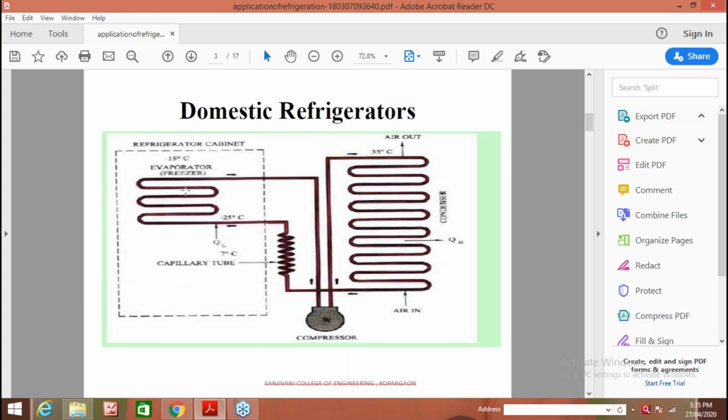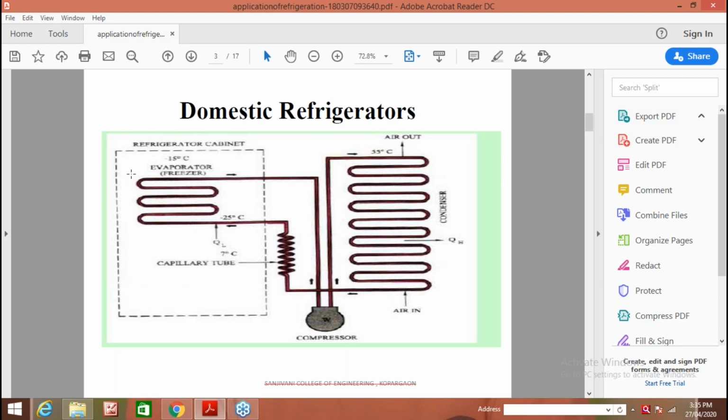Clear? So the lowest temperature is maintained at the freezer, the uppermost compartment where the evaporator is placed. Generally the freezer is used for making ice, kulfis, or ice creams. And for other purposes, like keeping milk, other food products, and eggs, products which need not be kept very cool like ice cream, these are placed in the remaining three compartments.